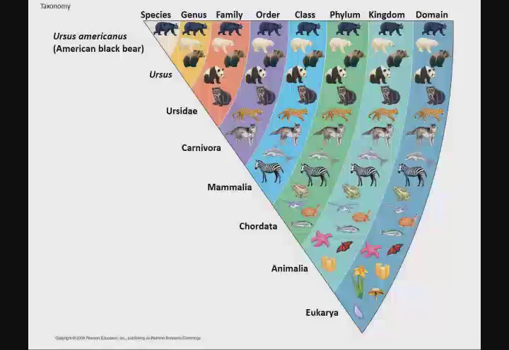So we go from species to genus to family to order to class to phylum and to domain. And again, domain is going to be our most inclusive category, and in this case is eukarya. All things that are eukaryotic are in this domain. We're going to talk about this more as we talk about evolution, but I do want to introduce this now so people have some idea as we talk about different species.